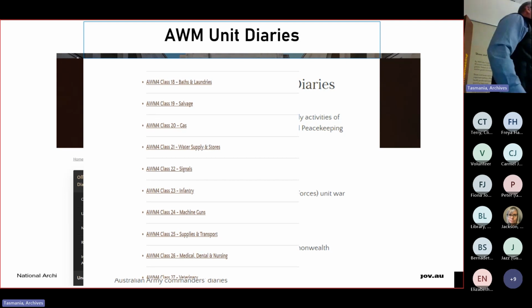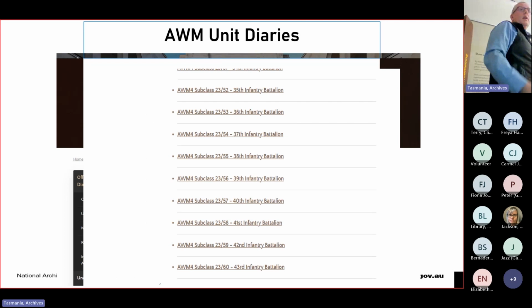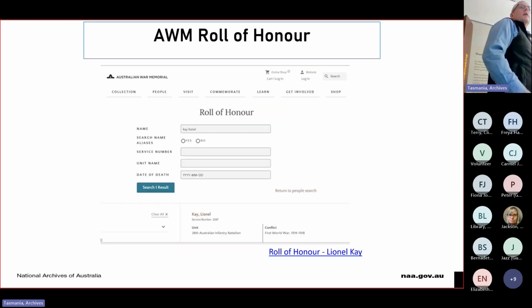So class 23 infantry, and then it takes you into subclasses. You've got the various battalions, and then you have to select the right infantry battalion. It's quite a few clicks to get to where you need to be, but it's definitely worth persevering with.